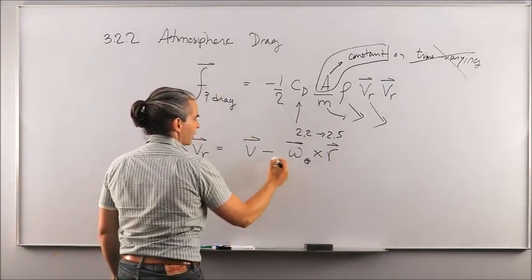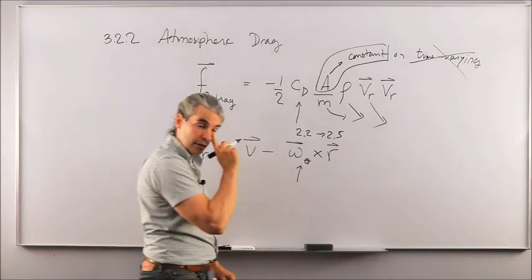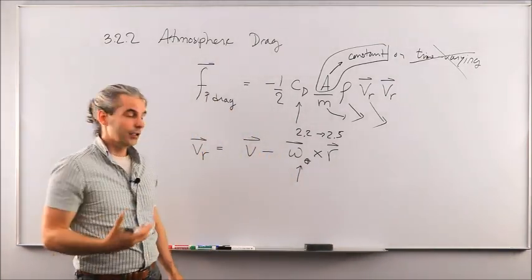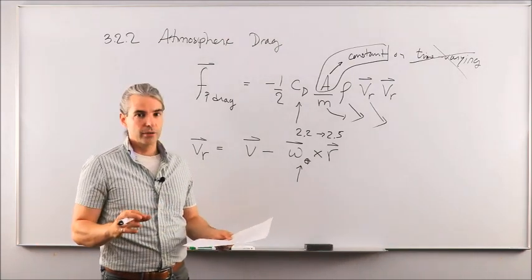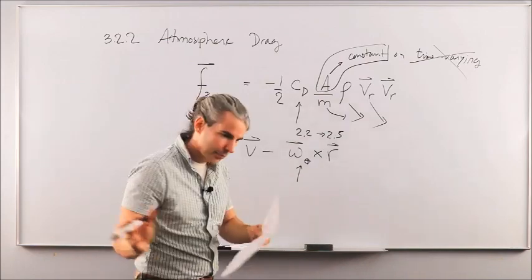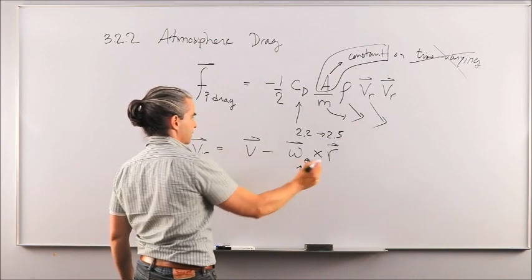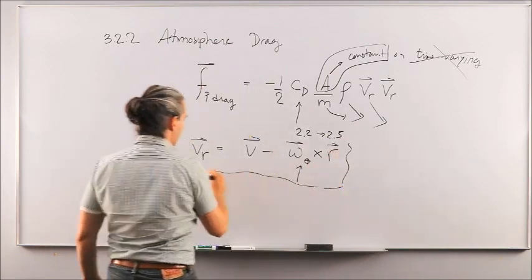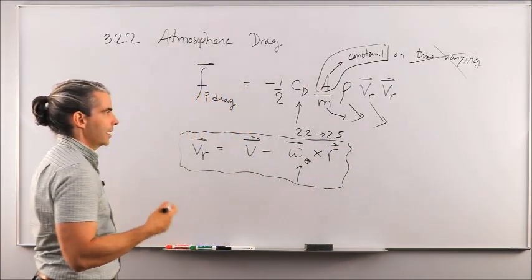So here, by modeling it this way, we assume that the atmosphere in which the spacecraft is evolving is actually stitched to the Earth. So as the Earth rotates, it swings its atmosphere with it at the same rate, okay? So that's why we can use this kind of simplistic model for the relative velocity between the spacecraft and the atmosphere.